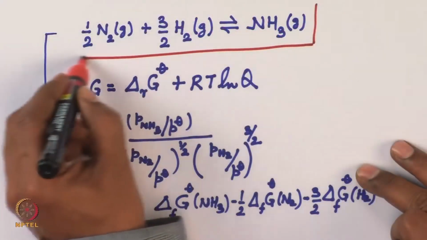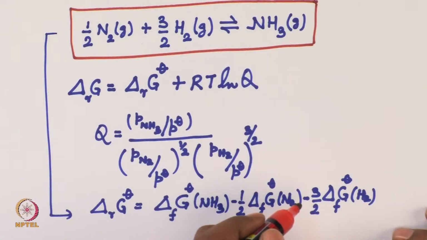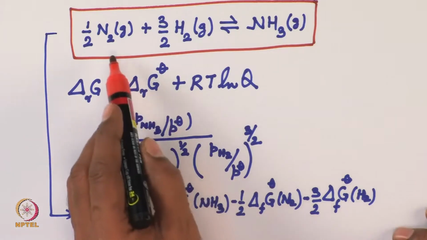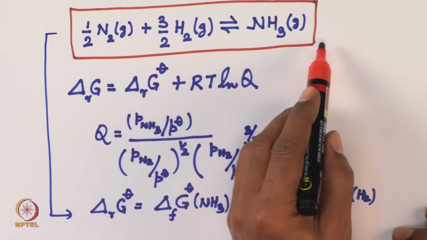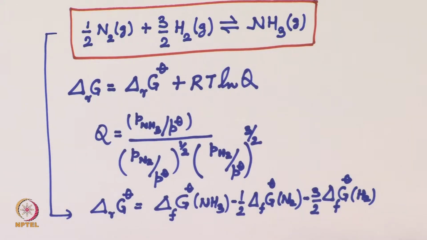So, therefore, since we are talking about this particular reaction, under the given conditions, the reaction will move towards the right hand side. That means more ammonia will be formed, and that is what is commented upon in the slide.